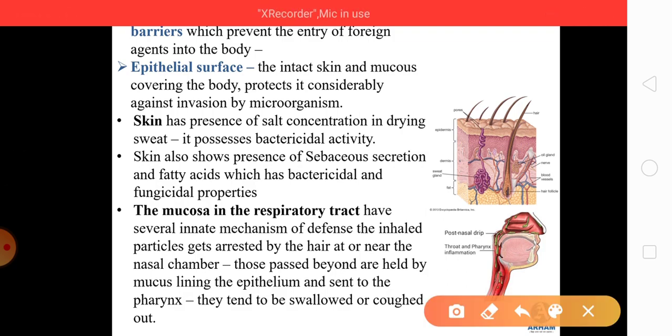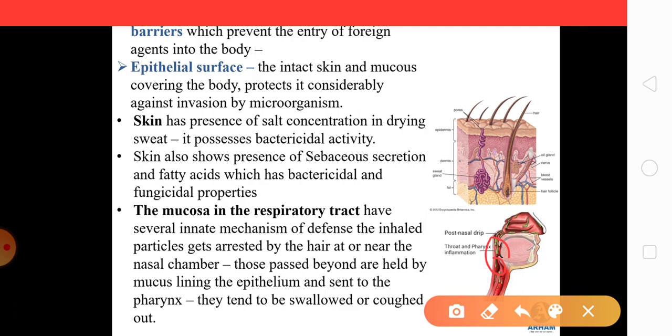In this picture, you can see the mucus getting collected in the pharynx area. After it is collected there, it is either swallowed or coughed out. So in any case, they are getting out of our body.